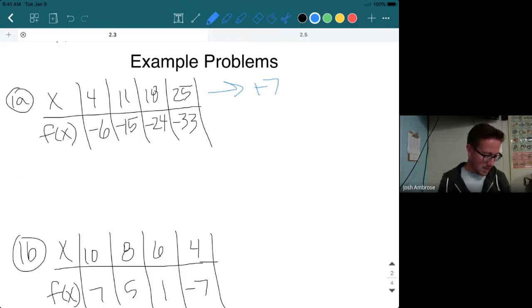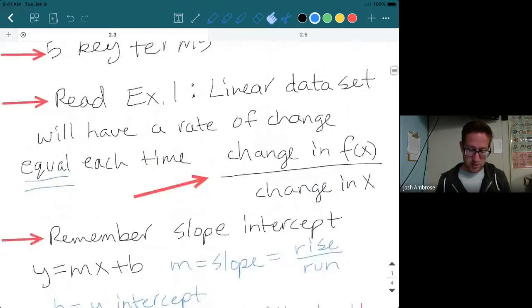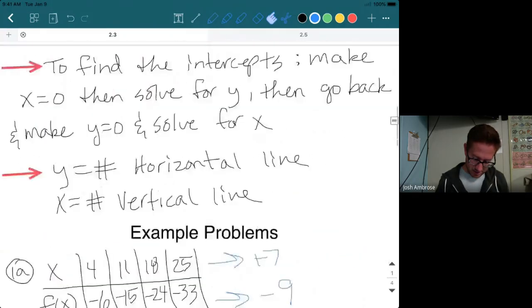Then let's take a look at the f of x values, and we have a negative 15. We're going to subtract a negative 6 from that, and that's going to give us a negative 9. And then we double check: negative 24 minus negative 15. That should be the exact same thing. That's going to give us a difference every time of negative 9. And then if we go back and take a look right here, you want to see the change in f of x over the change in x.